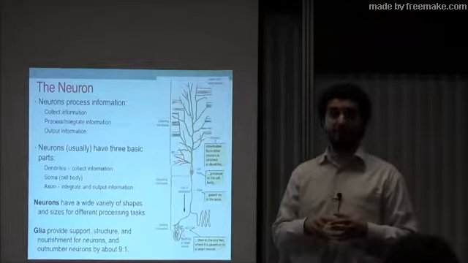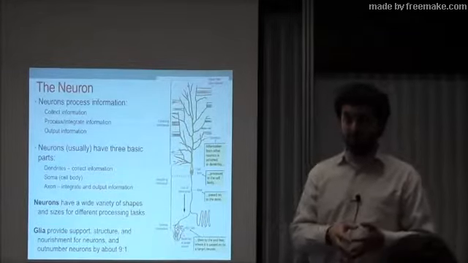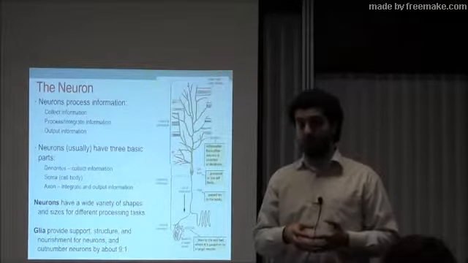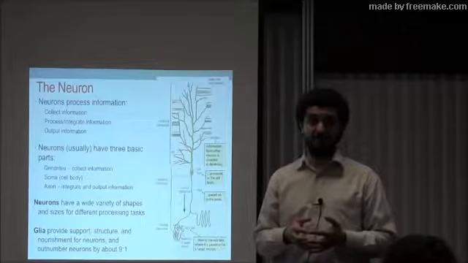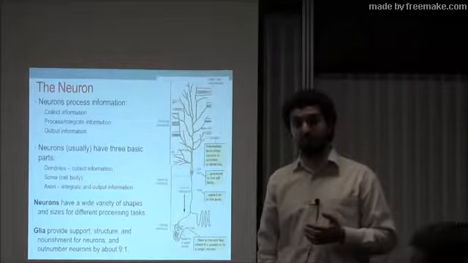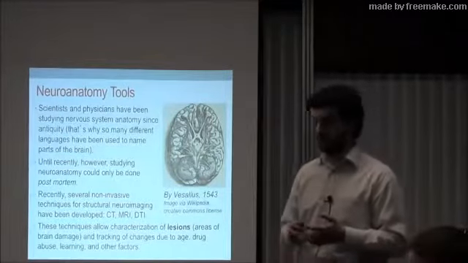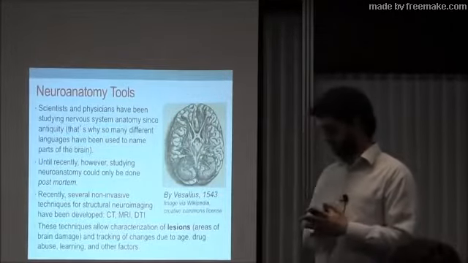What are the building blocks of the brain, or the central nervous system, the peripheral nervous system? Well, how did people learn about that? The neuroscientists used a set of tools that are used for neuroanatomy research.